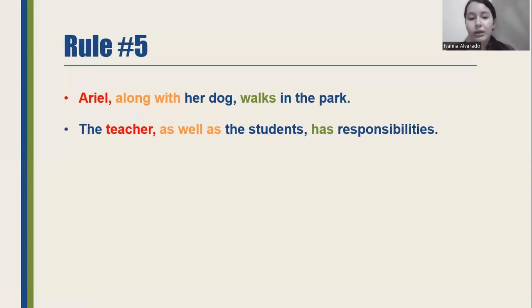What is the reason? The reason is that these phrases, like along with her dog and as well as the students, are not part of the subject. The verb remains in agreement only with the subject. In the first sentence, the verb remains with the subject Ariel.